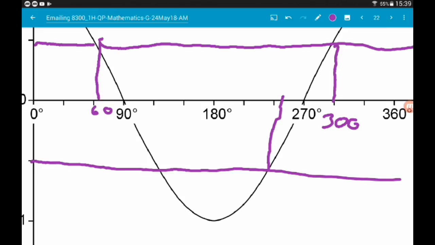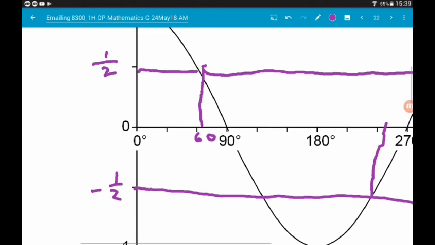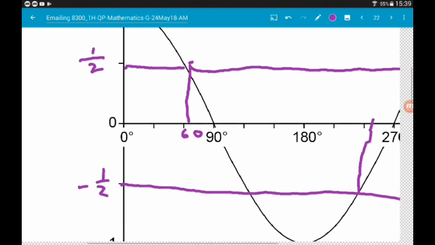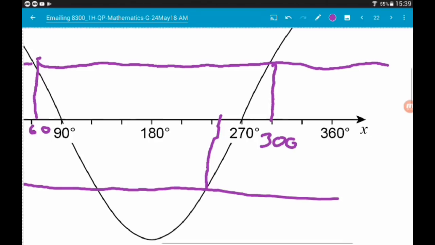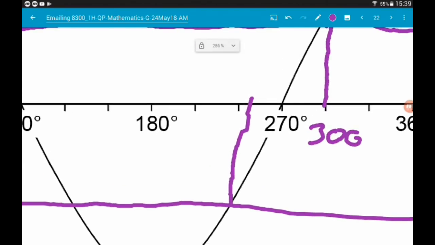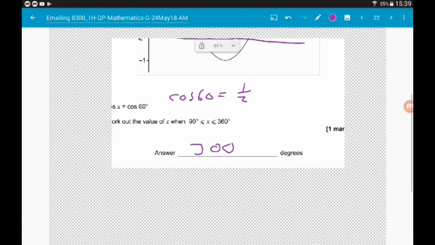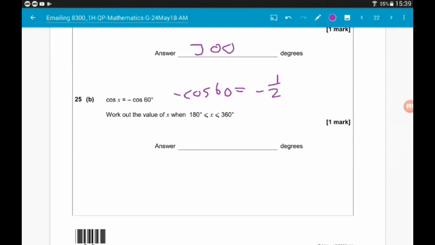The distance between 180 and this solution is going to be the same as the distance from 0 to 60, or from 360 to 300. So 180 add 60 is going to give us 240. So that's our value of x for part B. Quite tricky, probably.